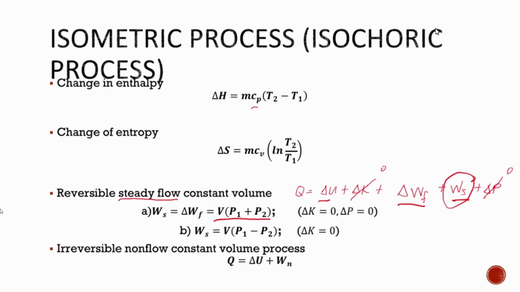Question, ma'am, bakit V lang? Anong gagamitin natin, is it V1 or V2? Di ba constant volume? So V lang, iisa. And then for an irreversible, non-flow constant volume process, we will have this equation: Q is equal to the delta U plus the non-flow work. Kapag reversible, sabi natin kanina, the non-flow work is equal to zero.